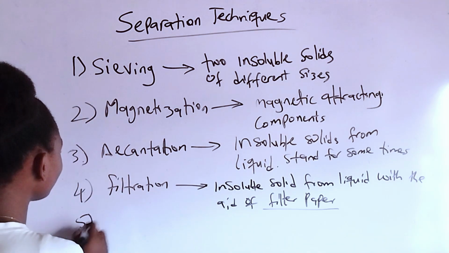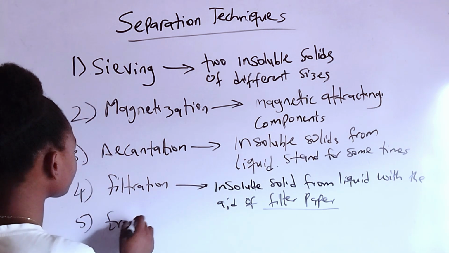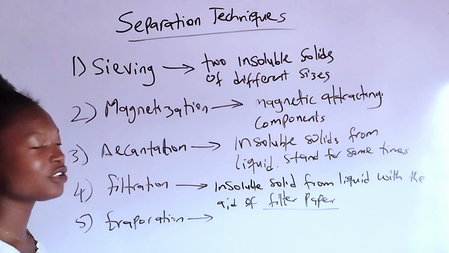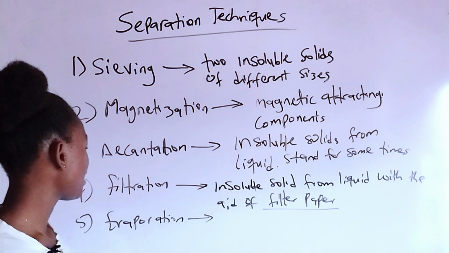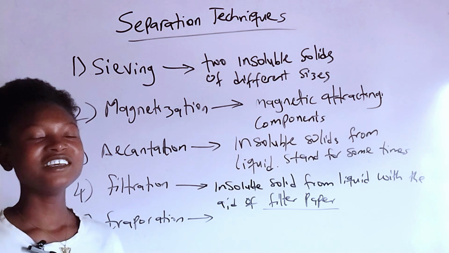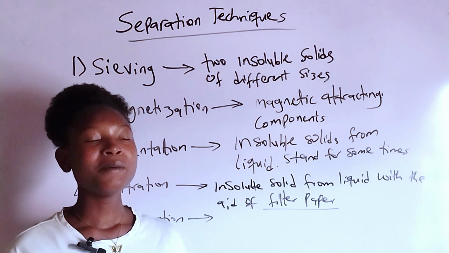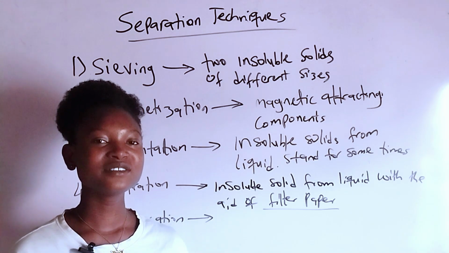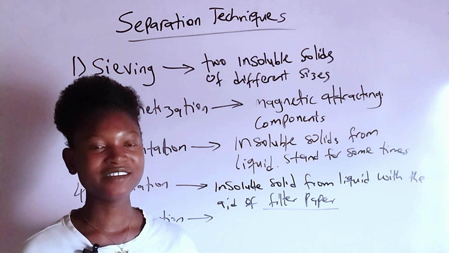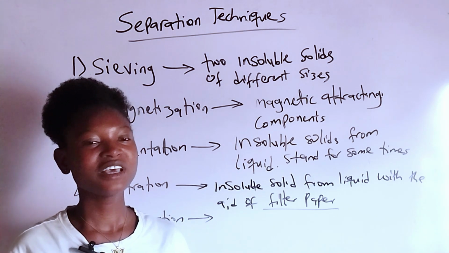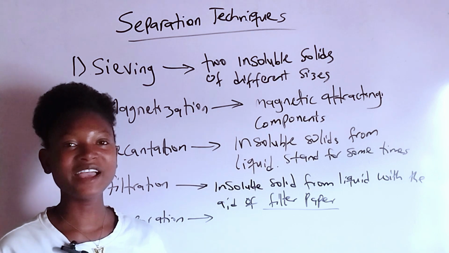And the most common method is evaporation. This process is used to separate our solute from the solution. Maybe you mistakenly mixed your salt and your water together. You know it will dissolve in it, but you need that salt. How you can get it is simply by evaporation.